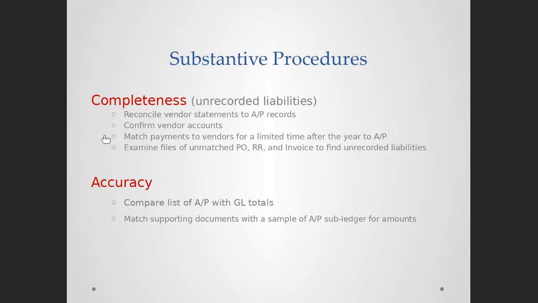If you find a payment in January to a supplier and you do not see a payable for that in December, that means that payable was not recorded. So you can look at the payments made to some suppliers after December and compare that with the payables recorded in December, and it will tell you whether the payments were recorded. You get the idea of this test? Do you understand what we're doing here?